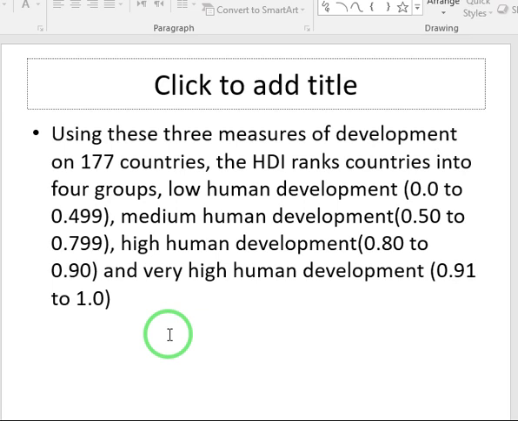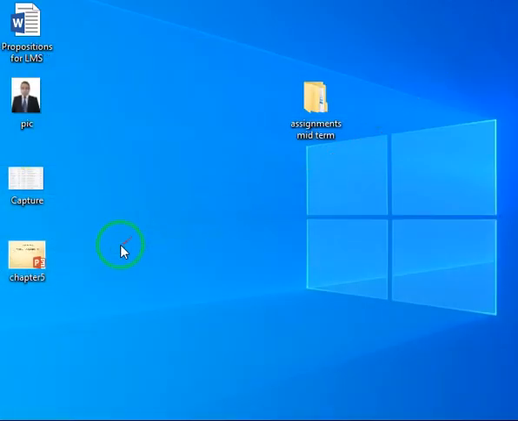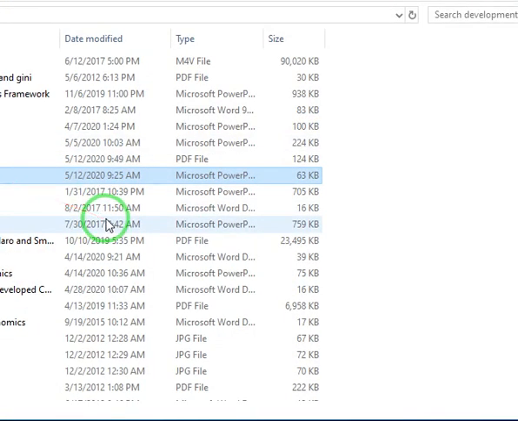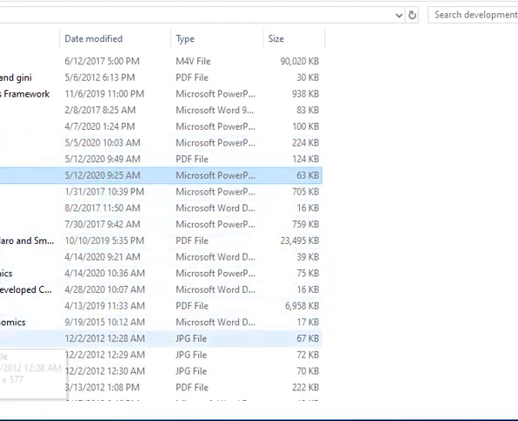We will be trying to understand how we calculate HDI. In order to calculate HDI, we have some formulas, and we are going to understand those formulas. What are those formulas? Let me open my folder.